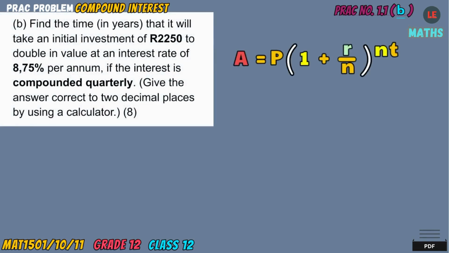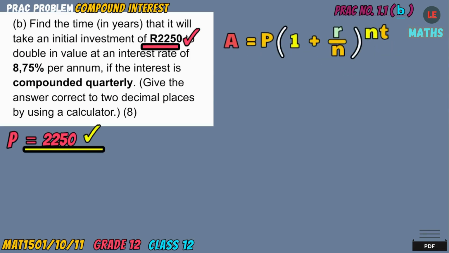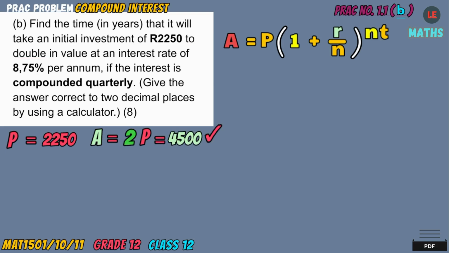We are still going to use the compound interest formula. The amount initially put in for this investment is 2,250 rands, that is P. And the amount A is said to be double of P, which means that A is 4,500.